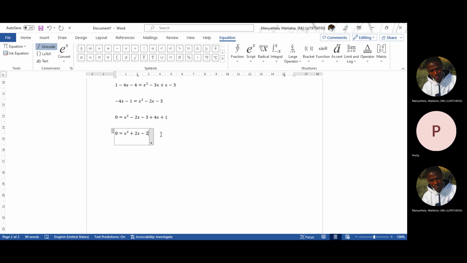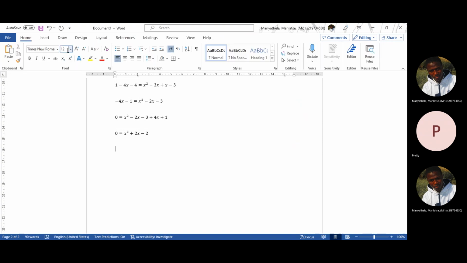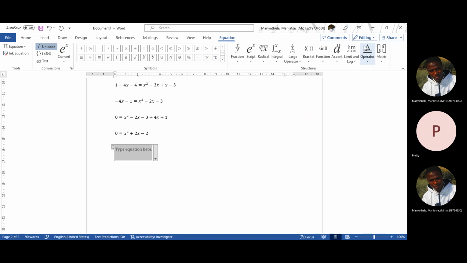If I try to factorize, we would have two similar brackets, which is x minus 1. Is it x minus 1 or x plus 1? X minus 1 and x plus 1. Something like this, x plus 1 into x plus 1.